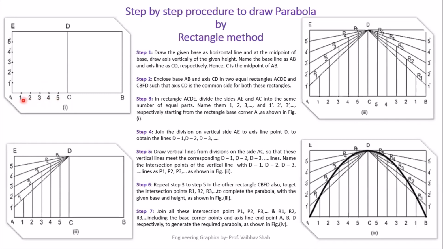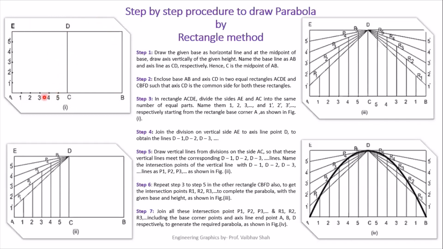So this rectangle is A, B, F and E. Now enclose AB and CD in these two equal rectangles, such that we have two rectangles, ACDE and the second rectangle CBFD.